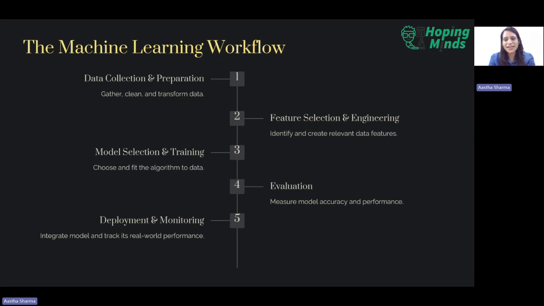Similarly, once you have selected the model, the next part is to test and train. Teach the model using some of the data. Suppose you want to take data and divide it in an 80 and 20 ratio. 80 is for training and 20 for the test. For example, you have the entire syllabus with you, that is 100%.